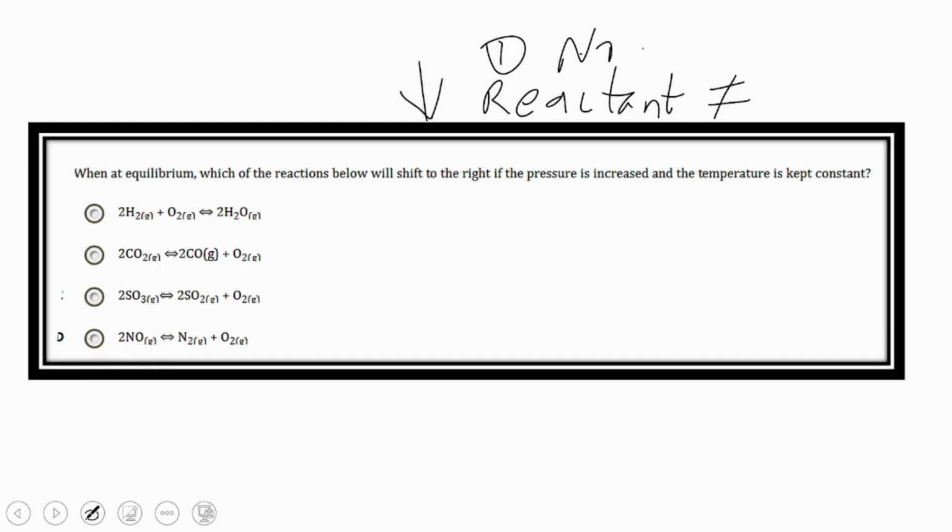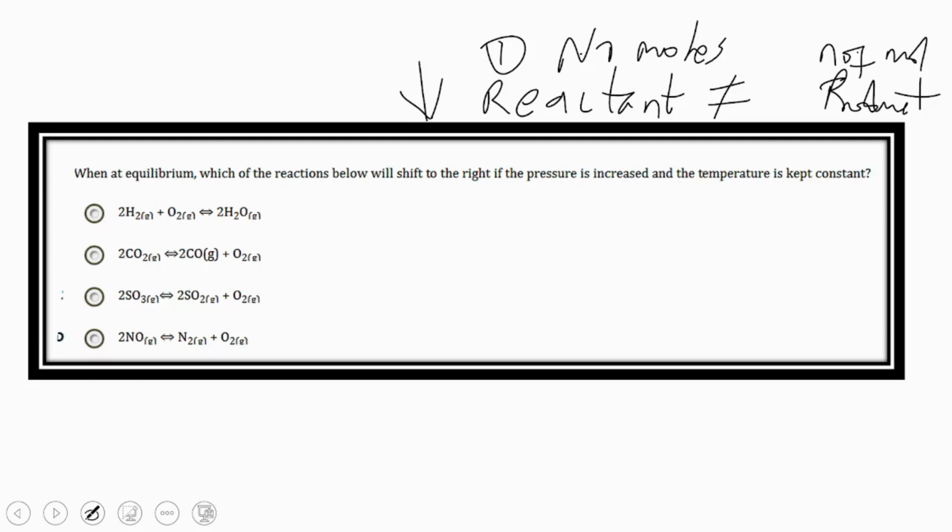So the number of moles on the reactant side should not be equal to the number of moles on the product side. 2. And the second condition is that it affects only gases.